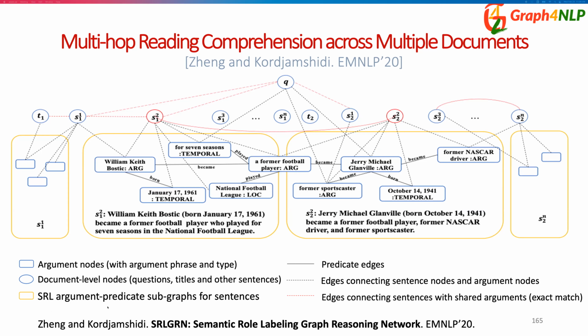In the yellow curved-edge square, you can see the subgraph constructed based on argument and predicate for sentences. And then it has predicate edges. It has edges that connect sentence nodes and argument nodes, and then edges connecting sentences with shared arguments based on exact match. So this is basically an even more comprehensive graph constructed for the original document and the question.